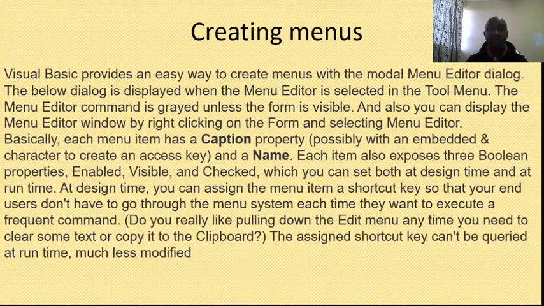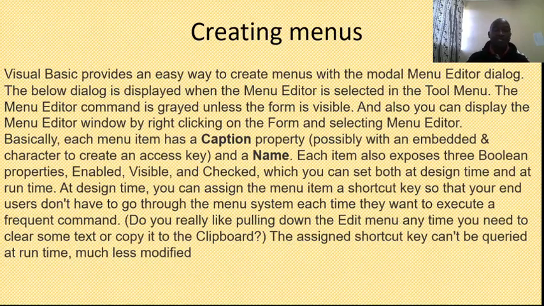Each item also exposes three Boolean properties: enabled, visible, and checked, which you can set both at design time and at runtime. At design time, you can assign the menu item a shortcut key so that the end users don't have to go through the menu system each time they want to execute a frequent command.